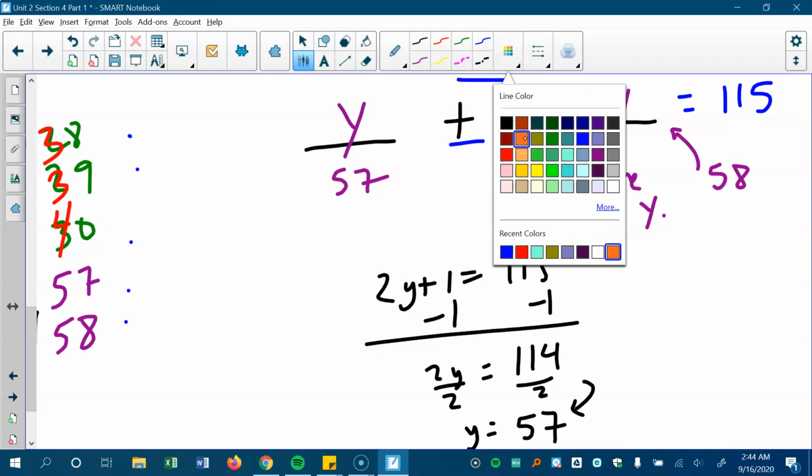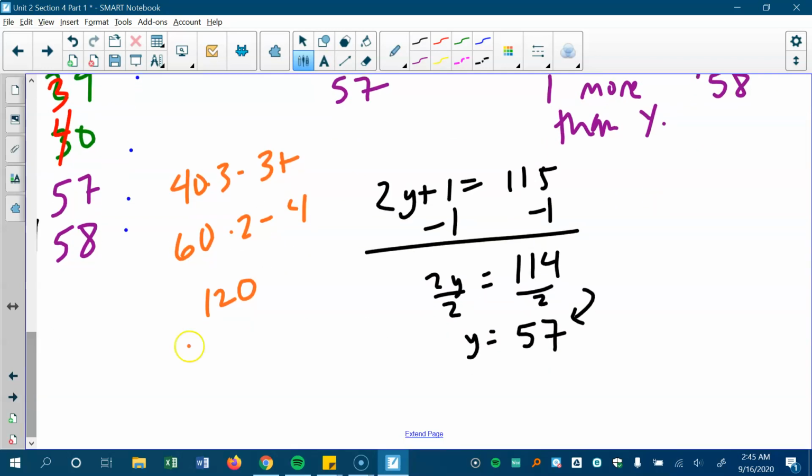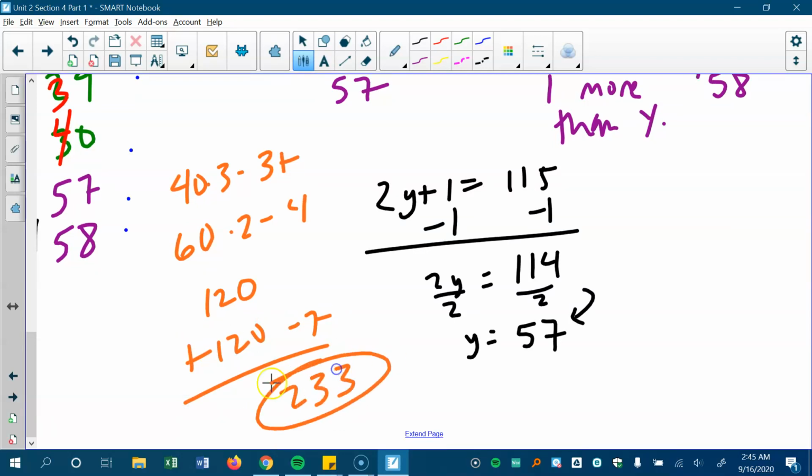So now let's add these up. I'm going to do 40 times 3 minus 2 minus 3 plus 60 times 2 minus 4. Let's see, so 120 plus 120 minus 7. I'm going to get 233, I think, is the answer.